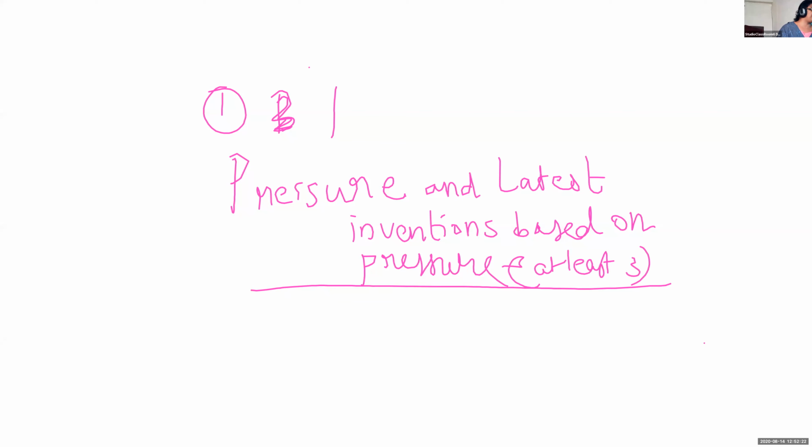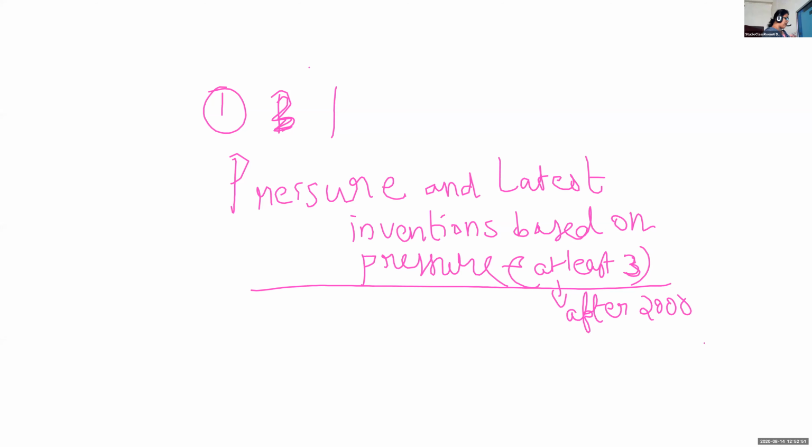Latest 3 means after 2000. Check on the internet for the latest inventions based on pressure; just type the year 2000 and you may get them. So I want at least 3 inventions. Just say what each is and give me one paragraph on each.